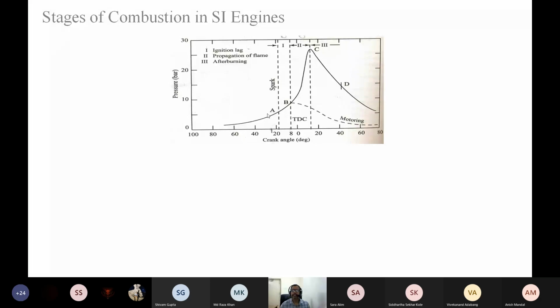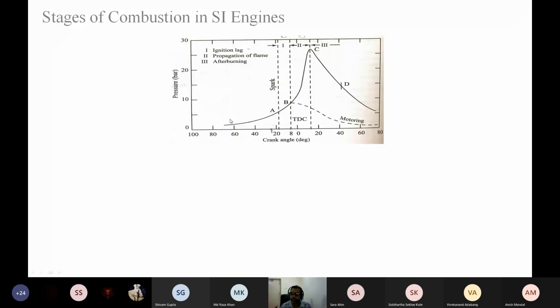I'm assuming that the thermodynamic conditions and the mixture are well within the combustible limit. Once the combustion starts, the pressure inside the combustion chamber is going to increase, reach a maximum, and then fall down again. Now, if we look at this curve very carefully, what are we going to get?